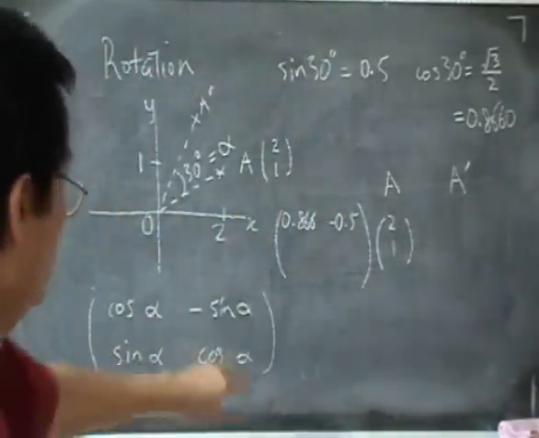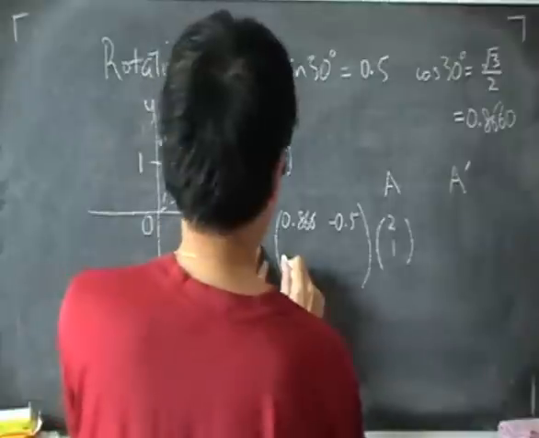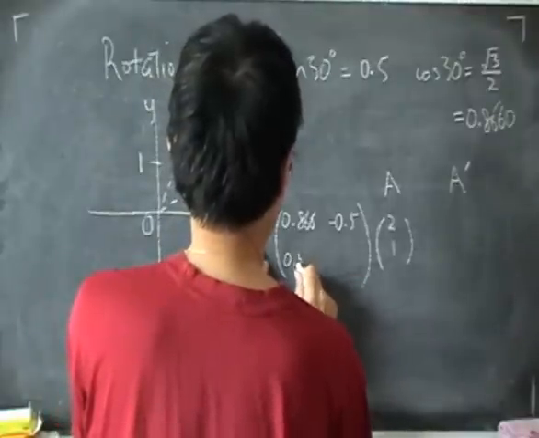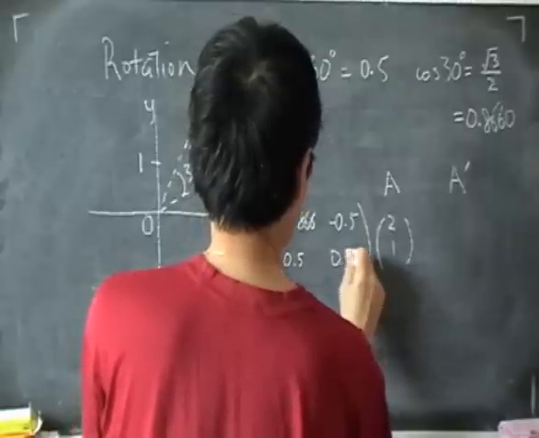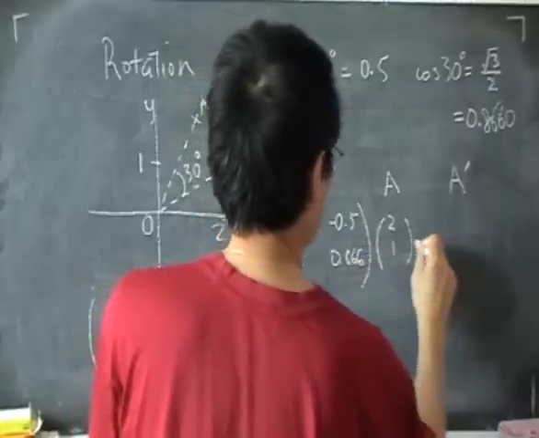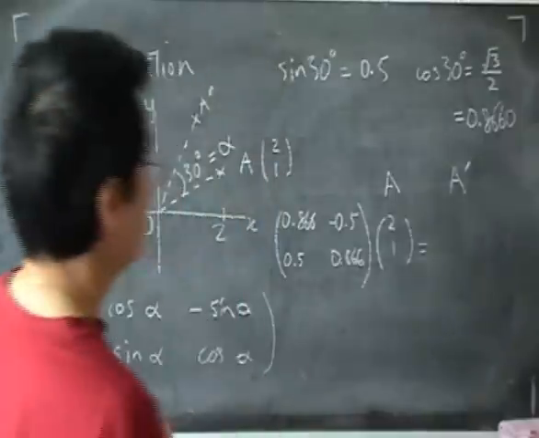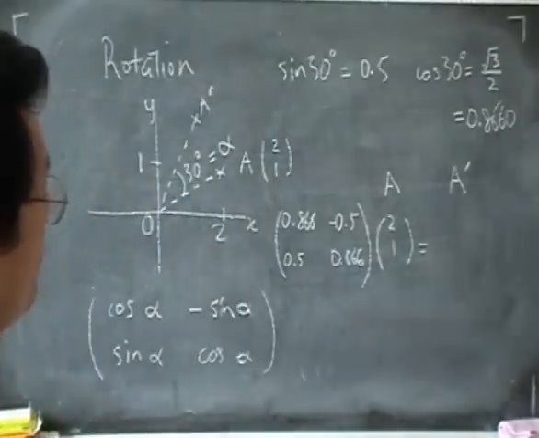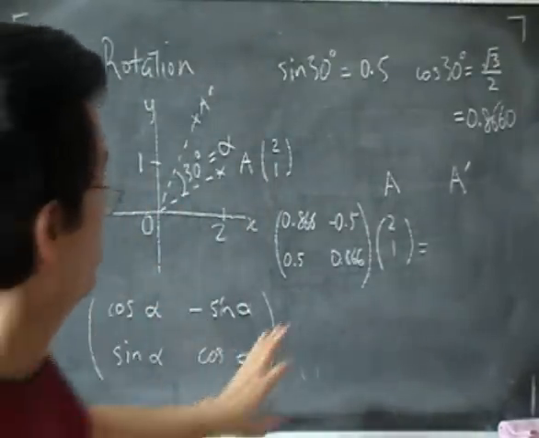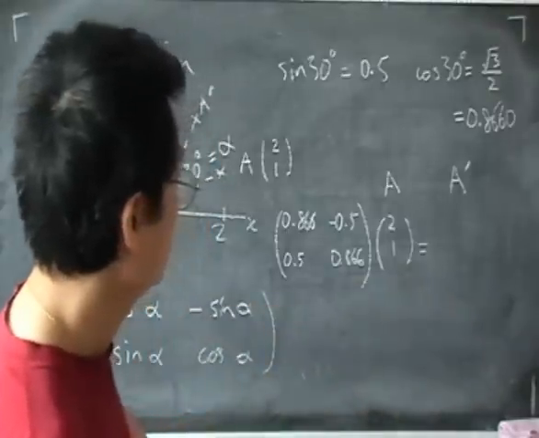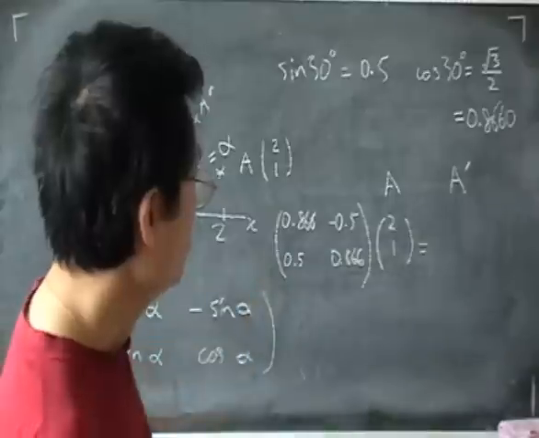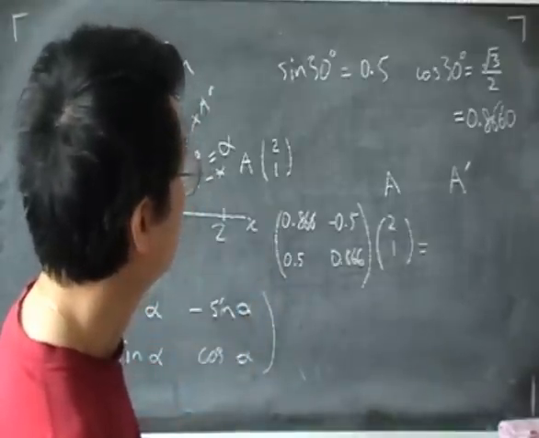Okay, and then sine alpha here again, 0.5, and cosine alpha there. So there we are. That's the matrix in numbers, and that's the position of A. Now we have to multiply them together.